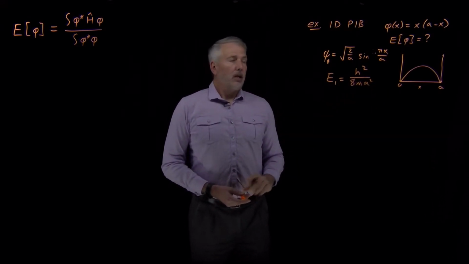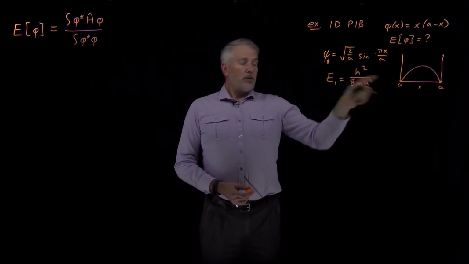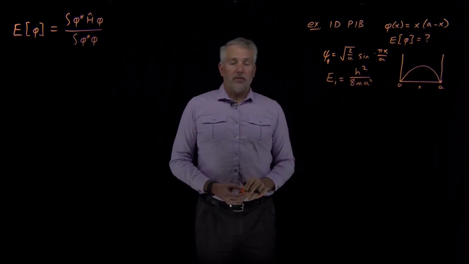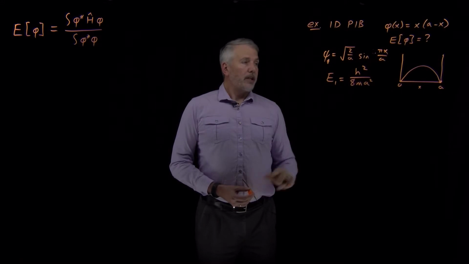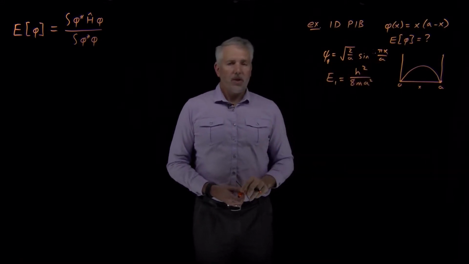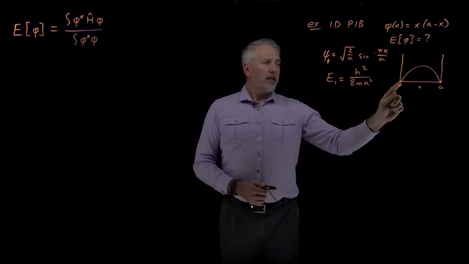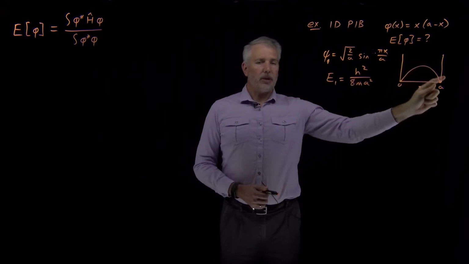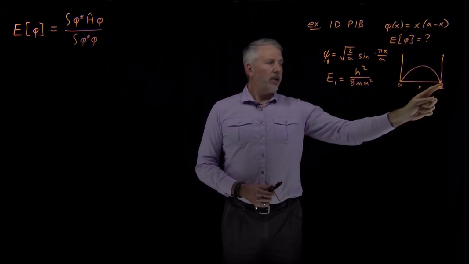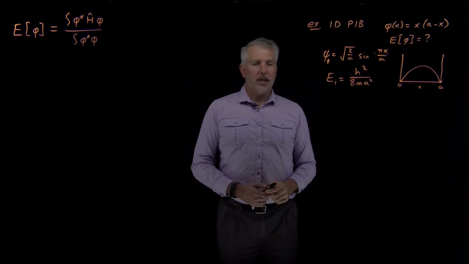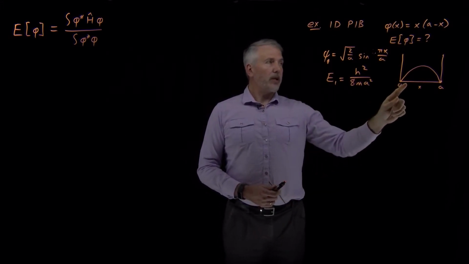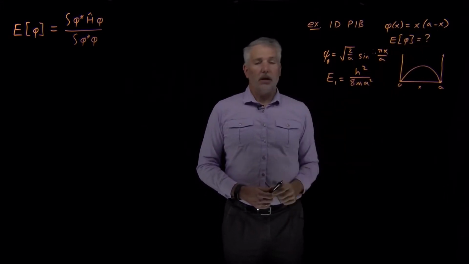So our task is, let's say we don't know the right answer. Let's say we couldn't solve Schrödinger's equation, or we don't feel like it, and instead of using the correct solution, we know, at least qualitatively, that the function should start at 0, go up, and then come back down and land at 0 at x equals a. Another function that has that at least qualitatively correct behavior is a parabola.